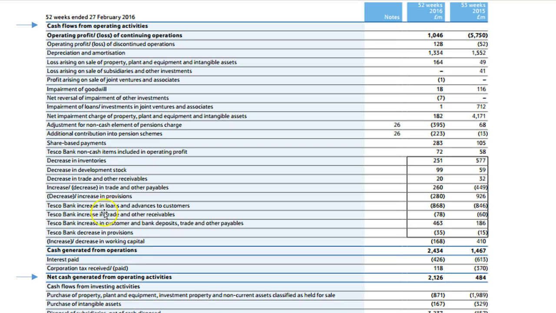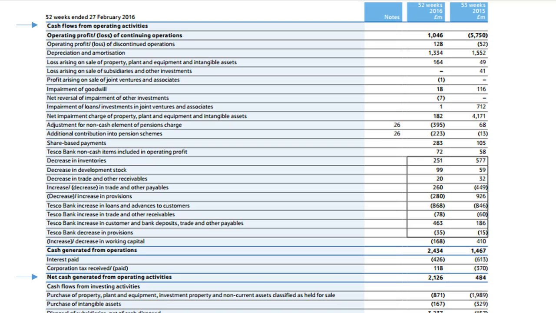Then we have some bank items which would not normally be for a business included. We generally don't talk about banks because they're slightly different. It can do, but it can get a little bit confusing. So all this in the box has been totted up, and there's a net increase in working capital.